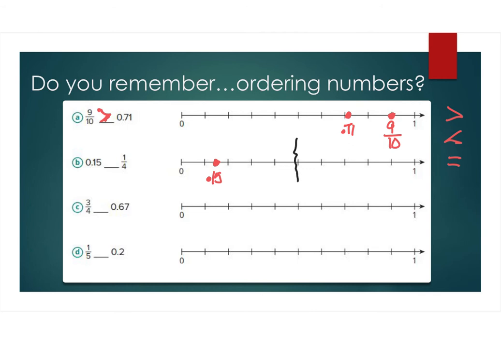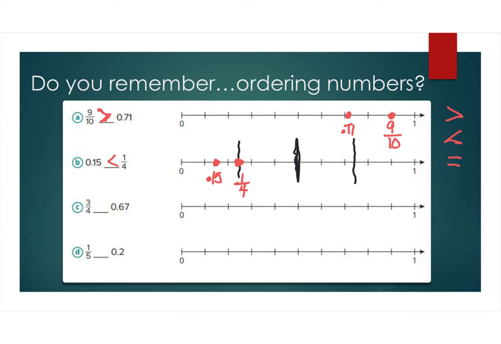So here's half, and half of half is right there, and half of the top half is right there, or 0.25. So 1/4 is going to be right there. So 0.15 is less than 1/4 because it's closer to 0.